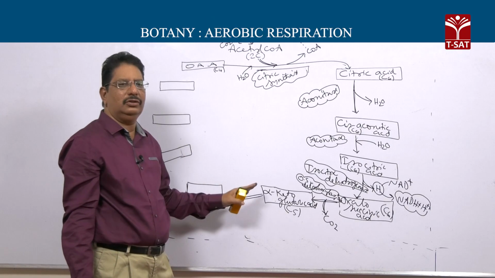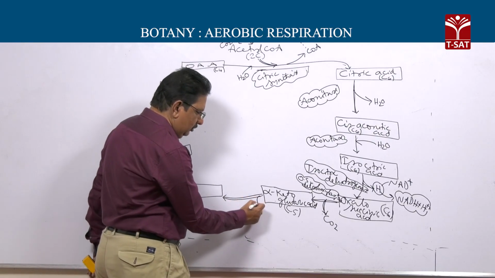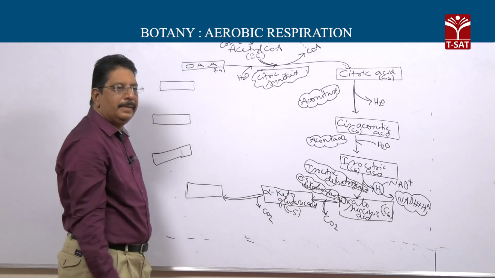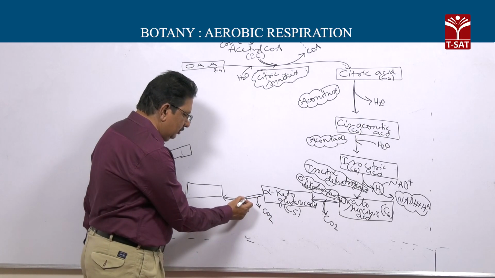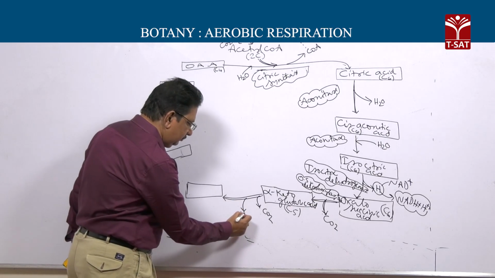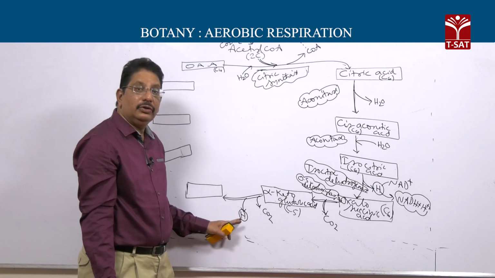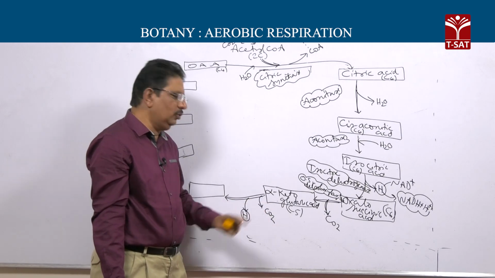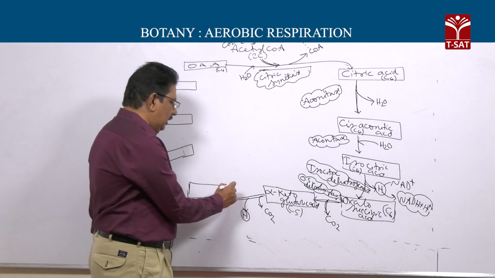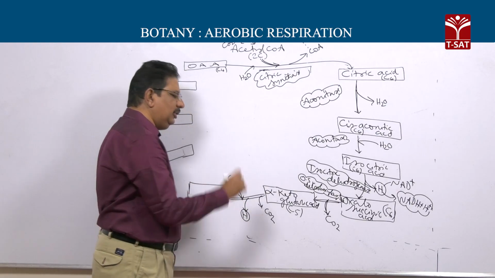Similarly, here also alpha-ketoglutaric acid undergoes decarboxylation and it undergoes dehydrogenation. So, once again a pair of hydrogen atoms are being removed from alpha-ketoglutaric acid, and condensation with coenzyme A.